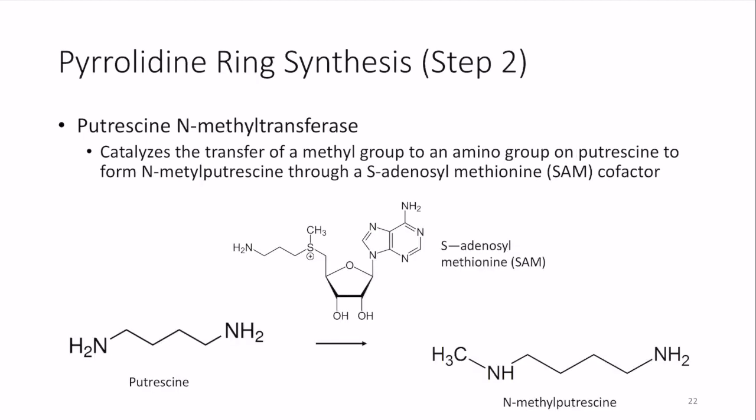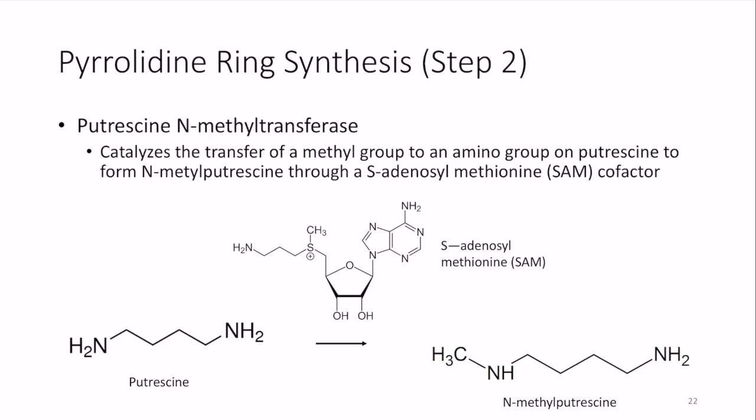Now that we have putrescine, the next enzyme is putrescine N-methyltransferase. If we remember back to nicotine, the pyrrolidine ring had this methyl group on the nitrogen. So this is the start of that, getting that methyl group on the nitrogen, and the putrescine N-methyltransferase uses the cofactor S-adenosyl methionine.